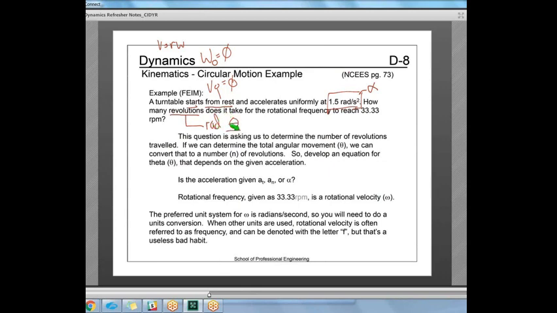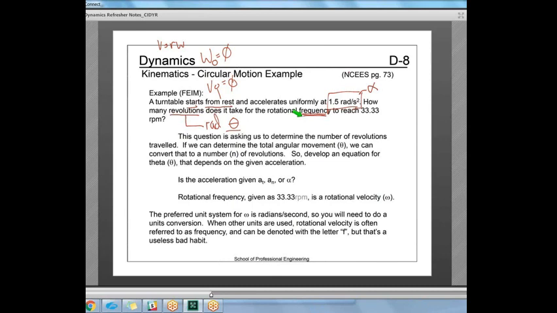Yeah, revolutions can be converted to radians, which is our preferred unit of theta, exactly. So the question here is, what is theta? And then we'll do a little conversion to get from radians to revolutions. So how many revolutions does it take for the rotational frequency?